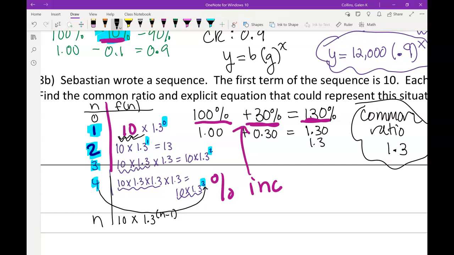We don't start counting with 0. 0 is not what we call a counting number. If I am picking up markers from my desk and counting them, the first one is 1, not 0. But all that to say, if I work backwards, going down my table as n increases by 1, I'm multiplying by 1.3. But what if I work backwards and divide by 1.3?